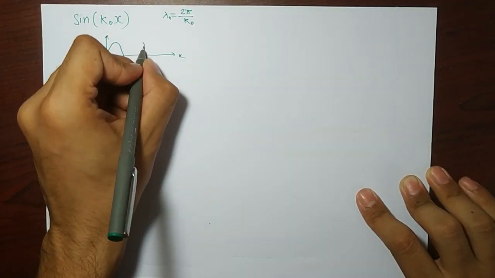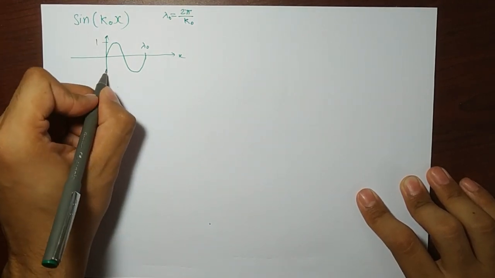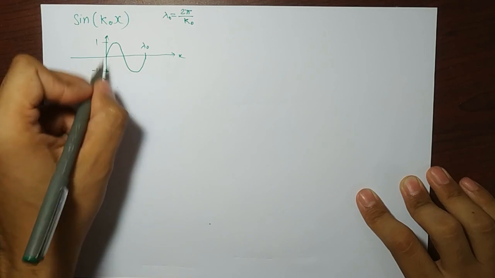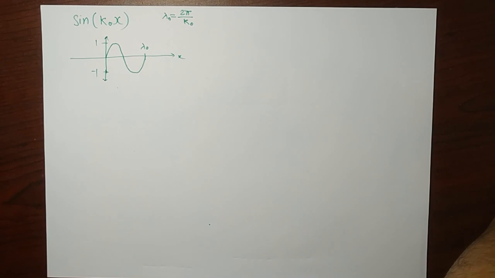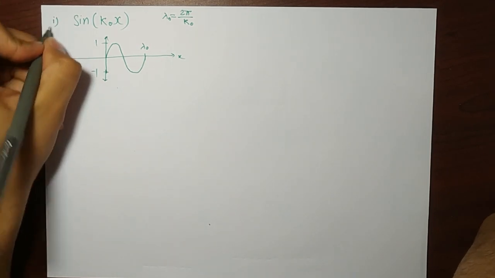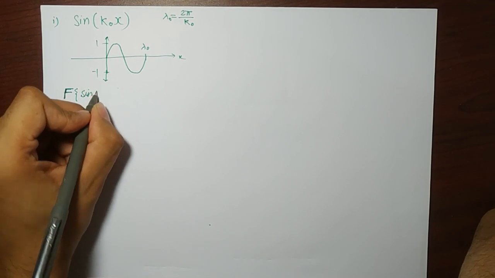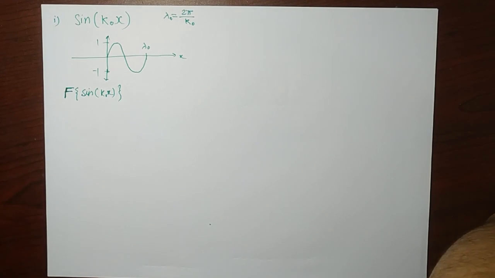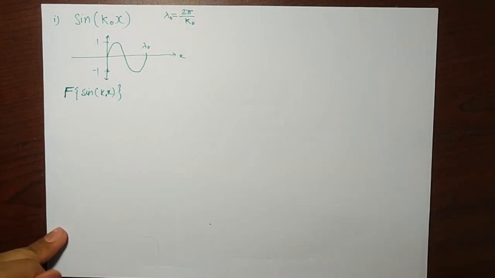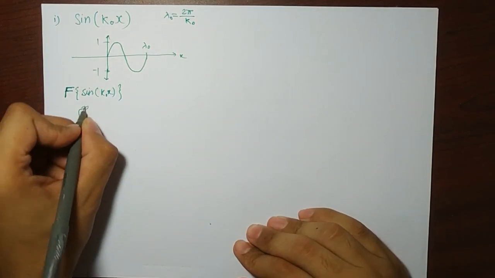So this is lambda naught. This is 1, this is minus 1. So this is basically sine k naught x. What I'm trying to do is find the Fourier transform of sine k naught x. Fine. So we can directly apply a formula here.